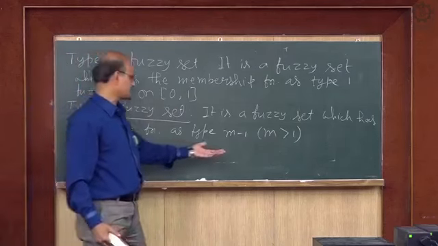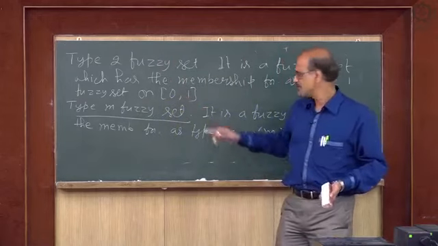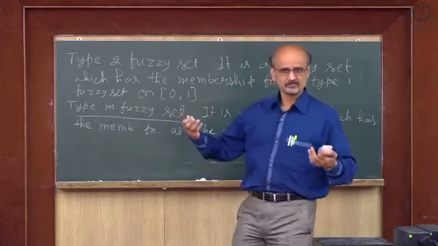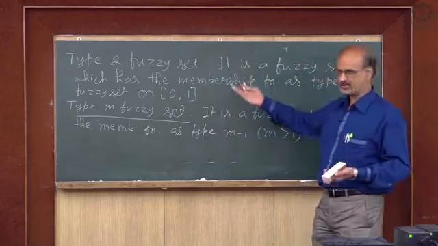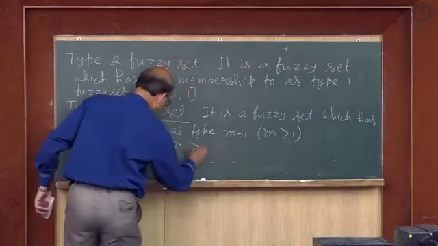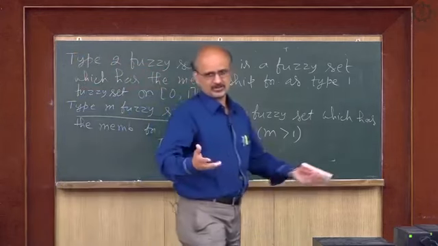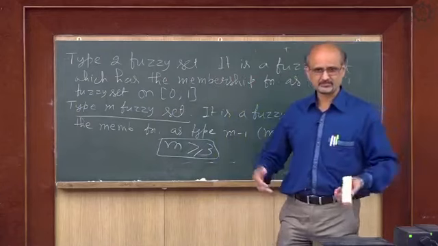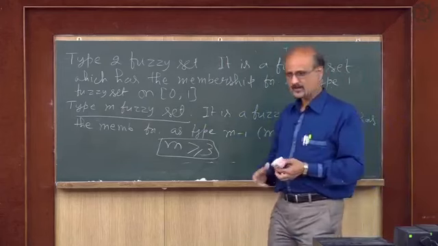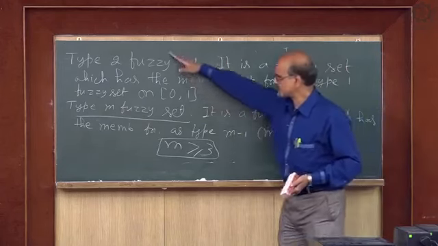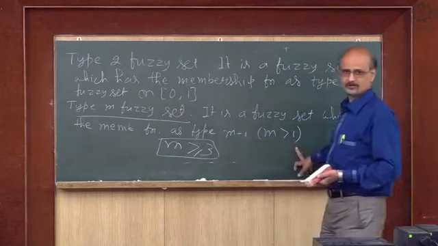This is just a generalization. Up to M equal to 2 I can visualize, but if M is greater than or equal to 3, it is difficult to visualize, like an n-dimensional space. What is 5 dimension, 6 dimension? We only think that it is there. But for generalization I can write type 2, 3, 4 up to type M, with M greater than 1.